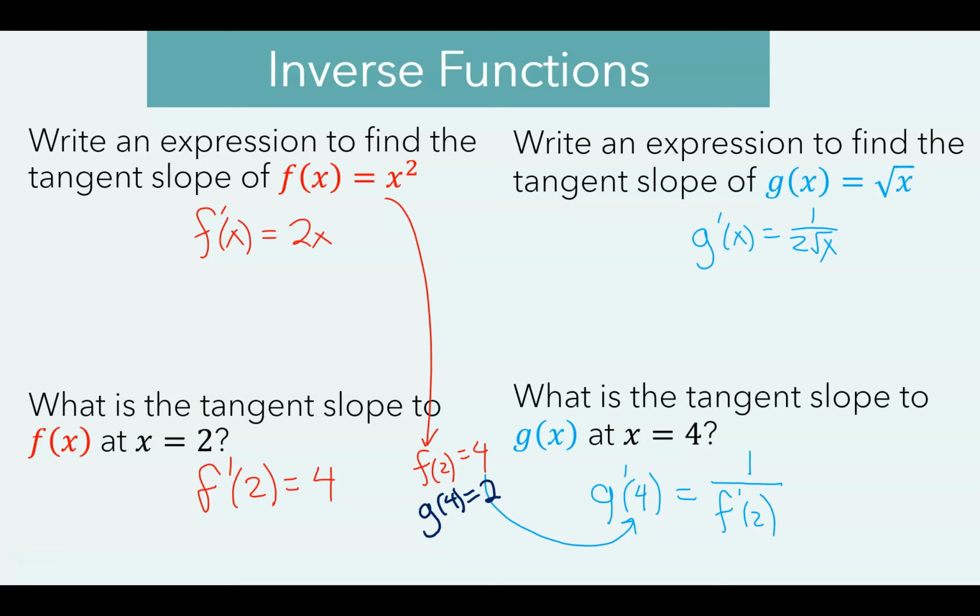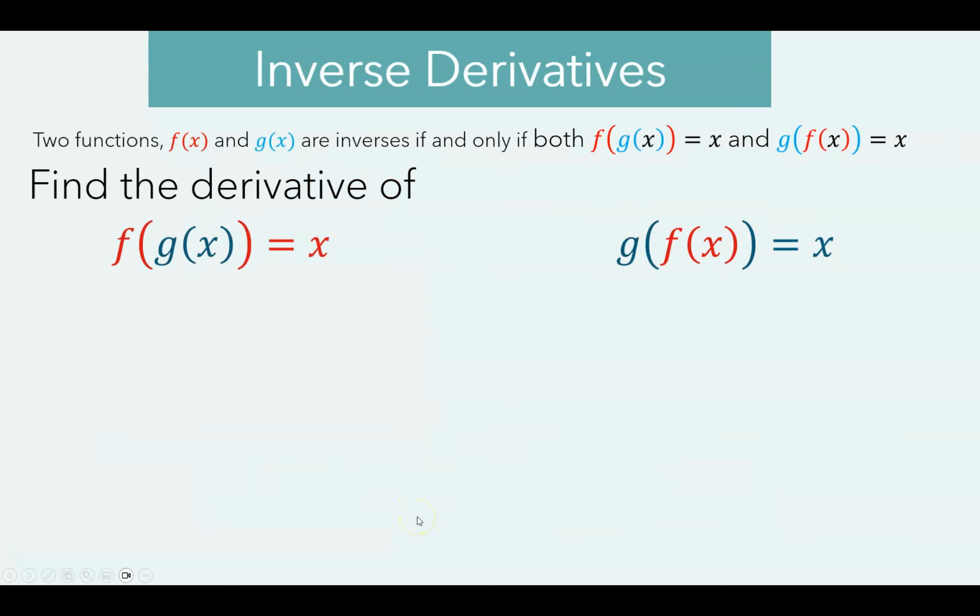So I'm well aware of that part. Anyways, so what we know is the slope of f at 2 and the slope of g at 4 are going to be reciprocals. Okay, so the easiest way to prove that is using this definition of inverses.